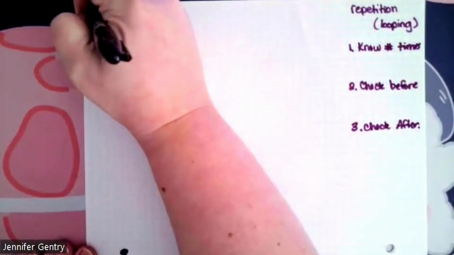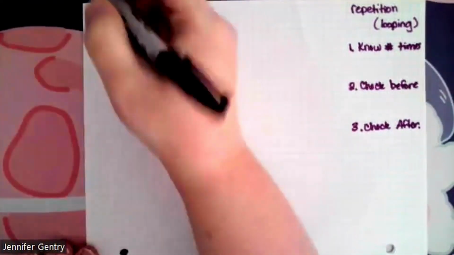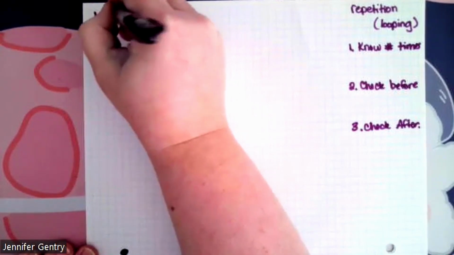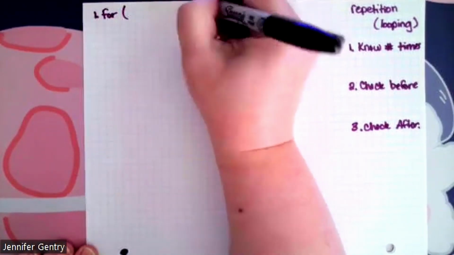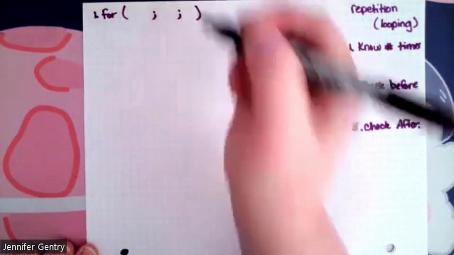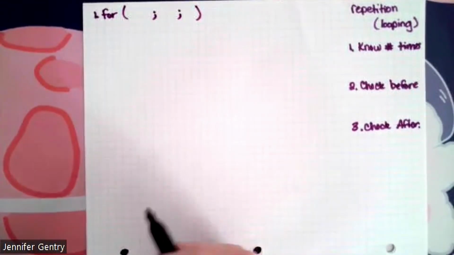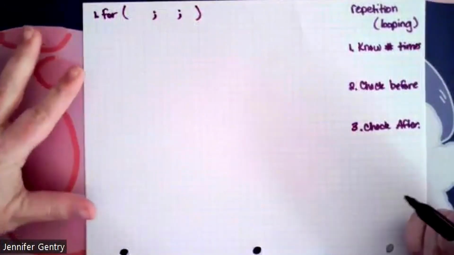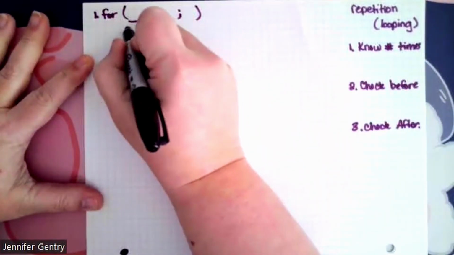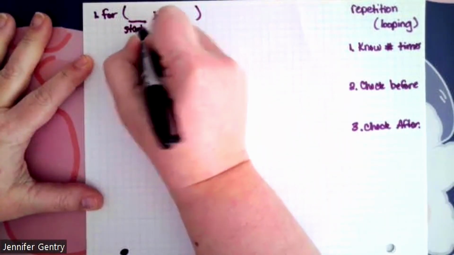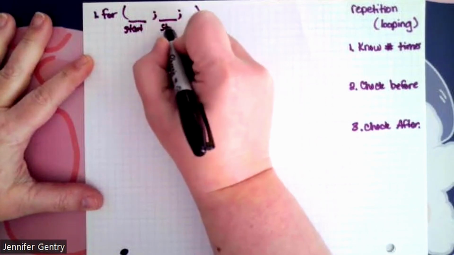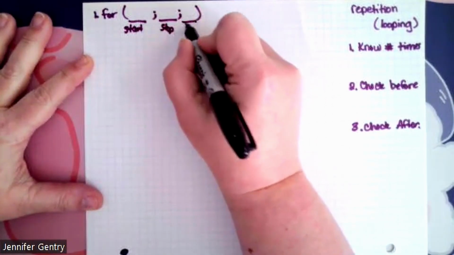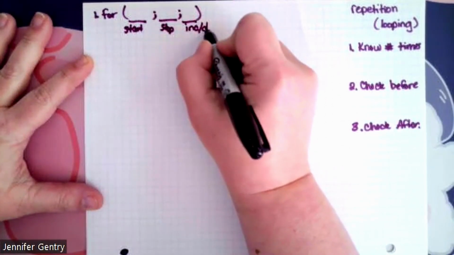Now, if we know the number of times that we want to do something, we call that a for loop. Okay? And we have 3 pieces in that for loop, and they're all separated with a semicolon. We've got a start, we've got a stop, and we've got what we either call an increment or a decrement.